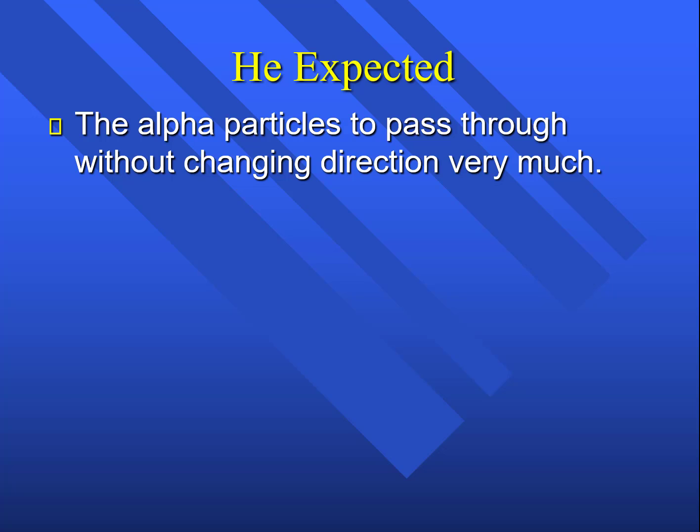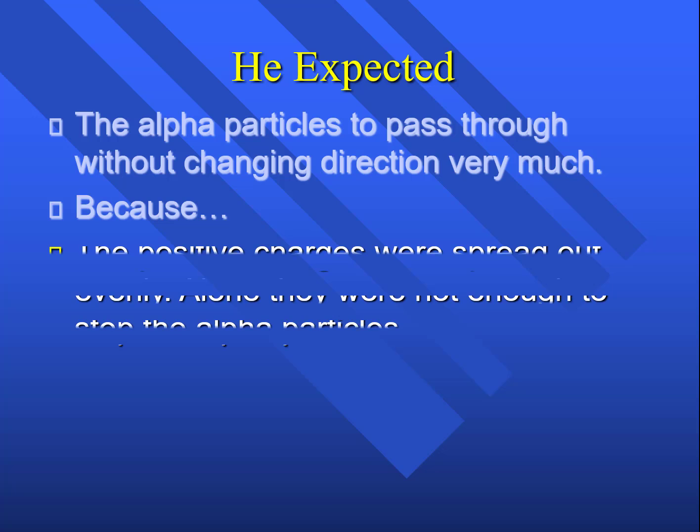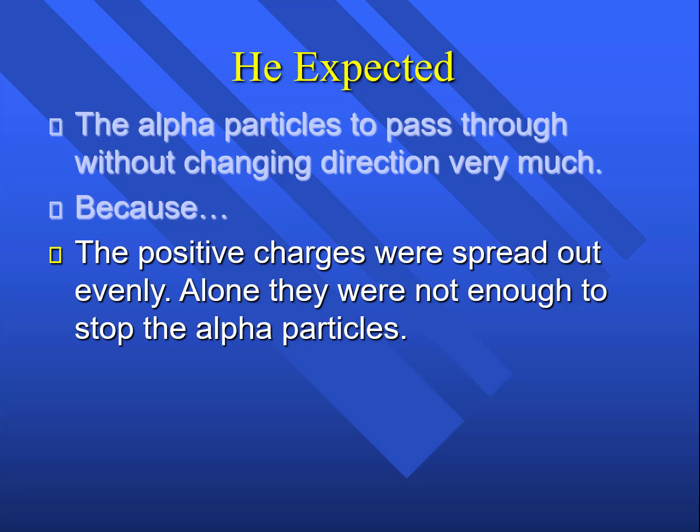Why does he have those expectations? Because he believed in Thomson's model of the atom. He thought Thomson's model was correct. And in Thomson's model, the positive stuff is all spread out.